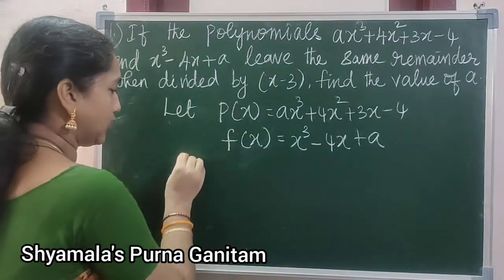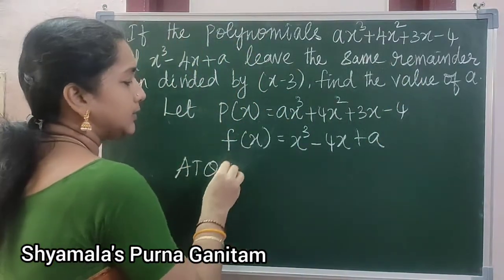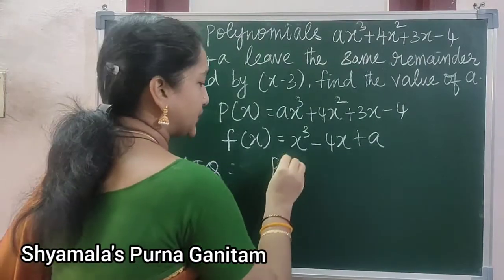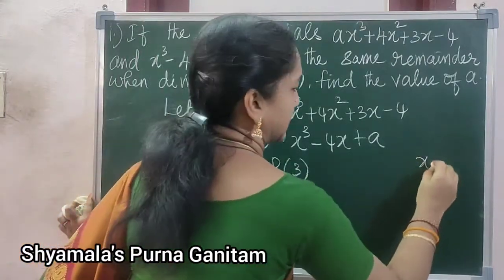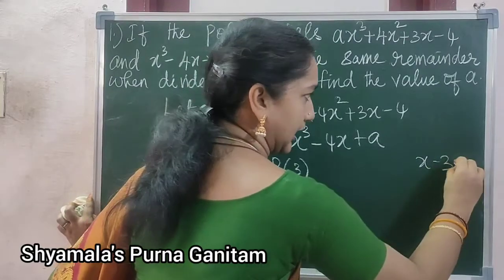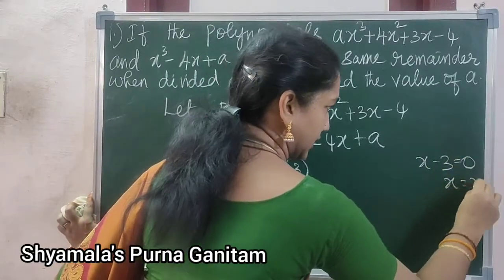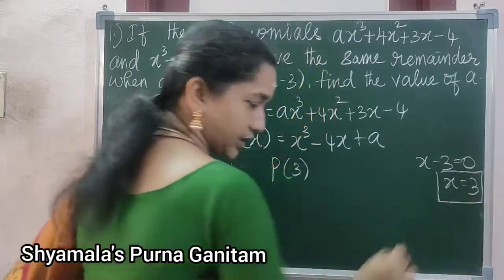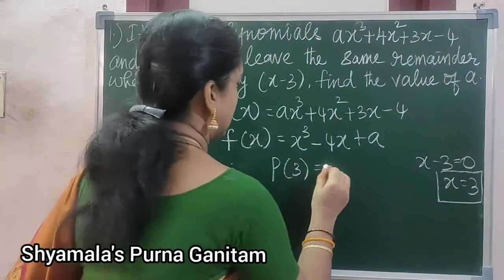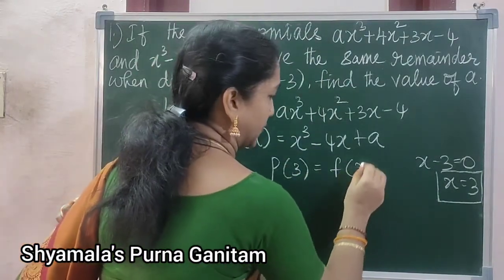Then, according to the question, since it is divided by x minus 3, x value is 3. p of 3 is equal to f of 3.